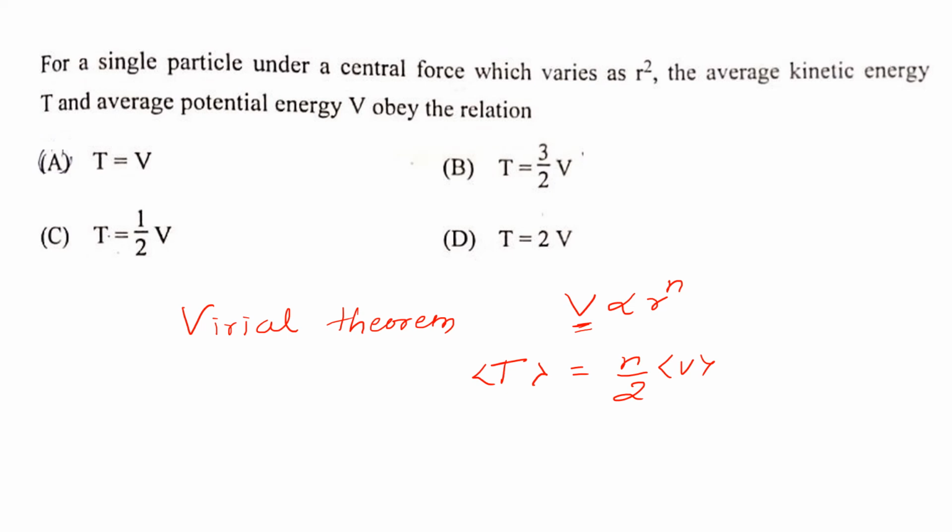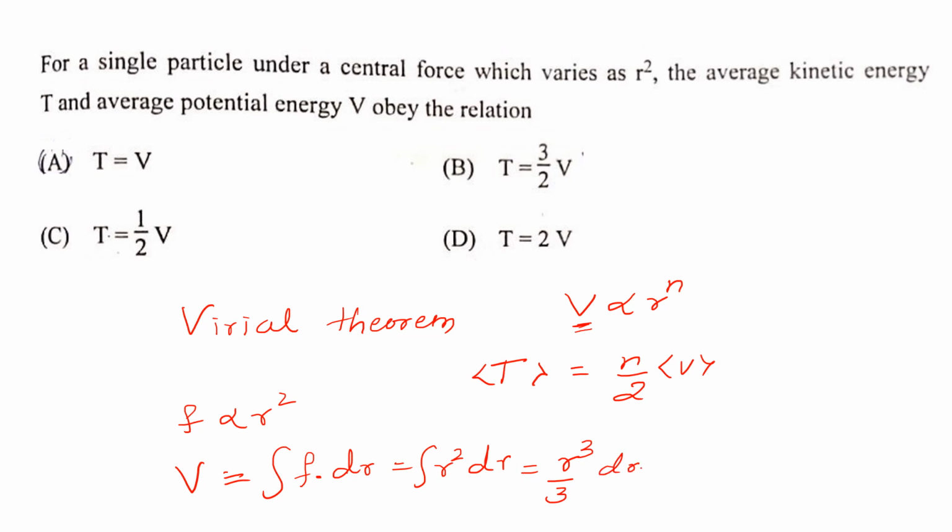So here central force is given. Force is proportional to r square. So we know the relation between force and potential. Potential V can be given by integration of F into dr. That is integration of r square dr, which is r cube by 3.